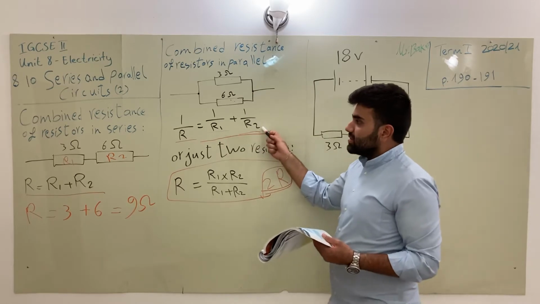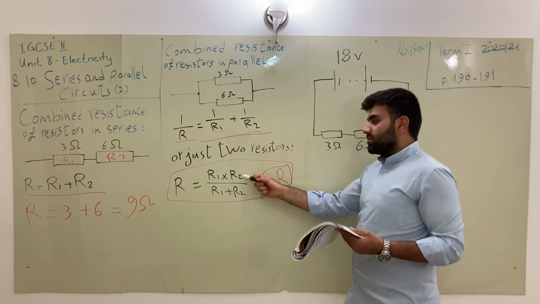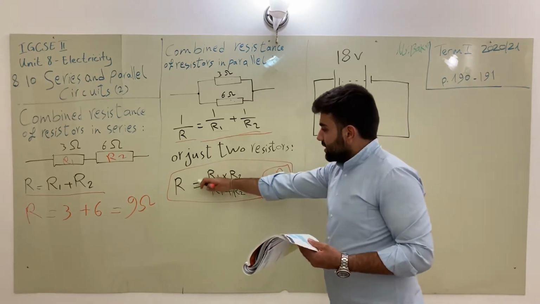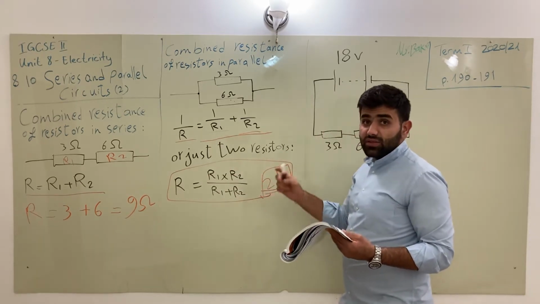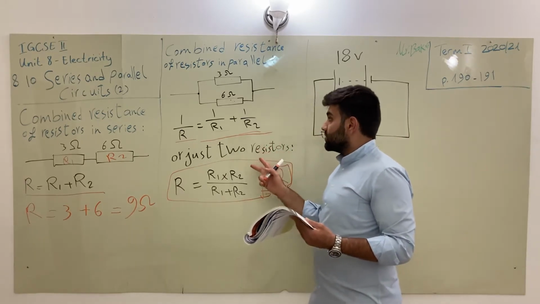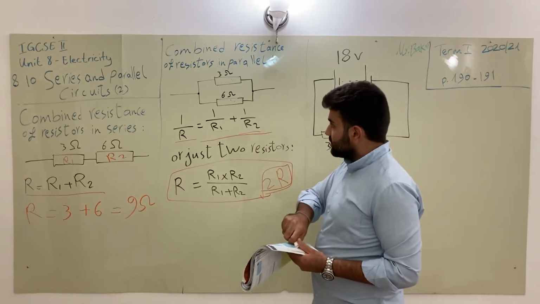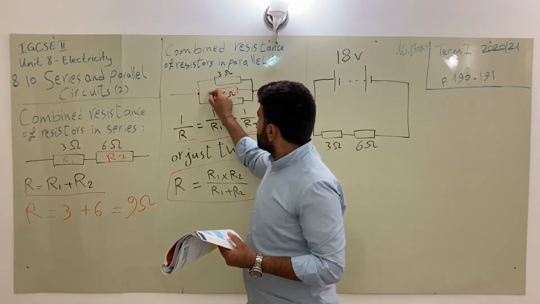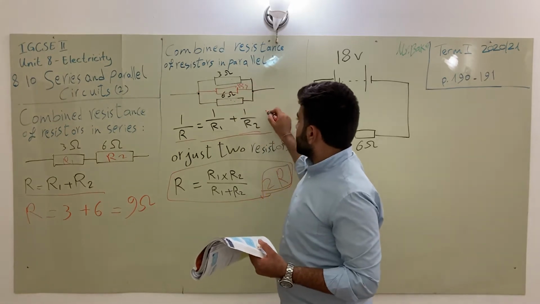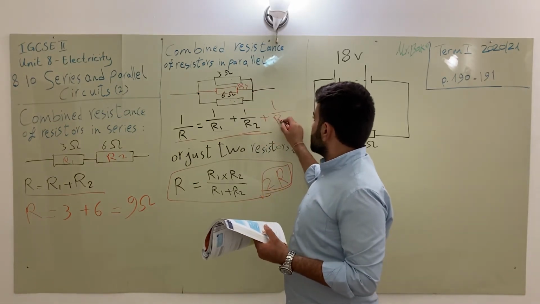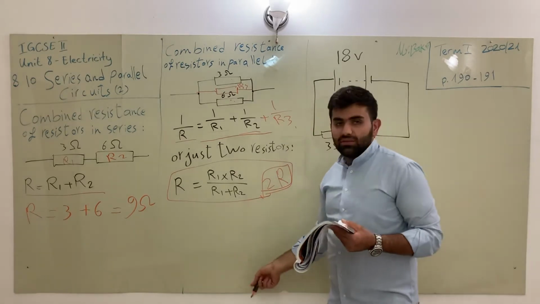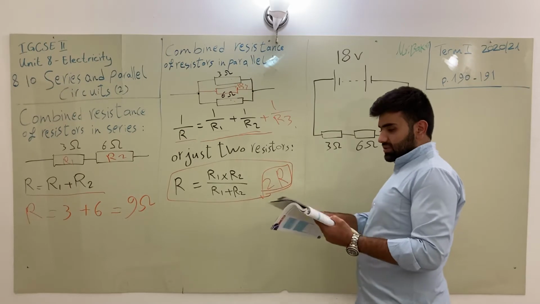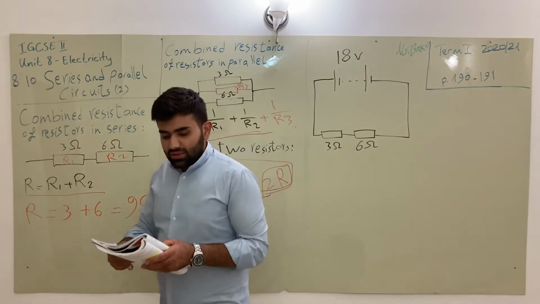And here, even if we use this way, multiply them and divide by the sum of them, we say it again, this is just for two resistors, not more. This I can use here, for example, if I have another resistor, R3. I can put plus 1 over R3 and do the same thing we do here. So open your books, page 191. We're going to solve the example together.